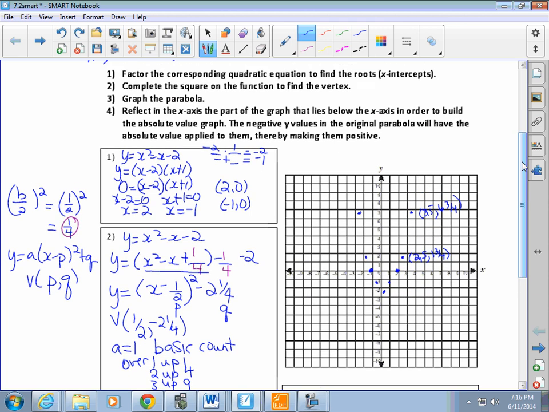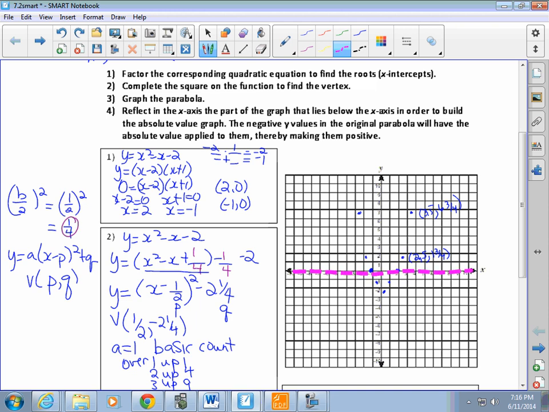Now what I have to do, if you remember when we did the linear one, we reflected in the x-axis the part that was below the x-axis. So the part of the graph that was below the x-axis got reflected in the x-axis. So for this one, the x-axis is in here.